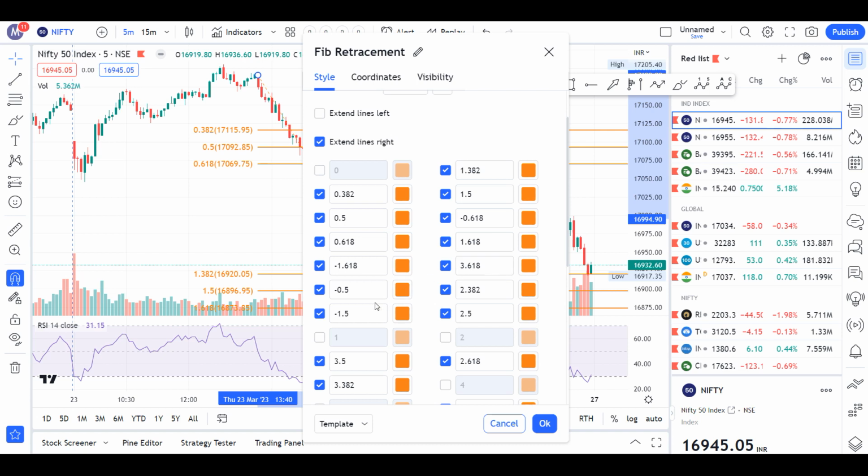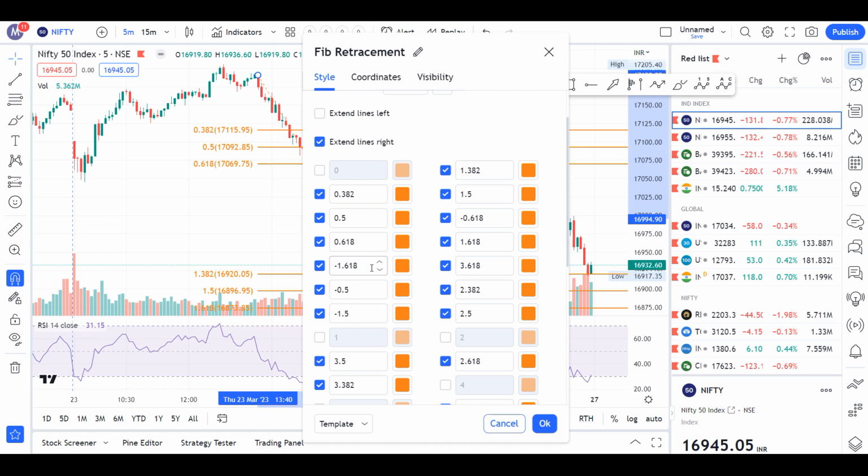So what we have done is we have taken 0.618, 0.382, 0.5, 0.618 in the minus, so that even if we are plotting the trend Fibo, we should not have to plot it again for the negative side if the trend is reversing or whatever is happening.